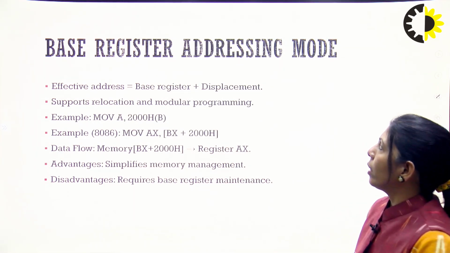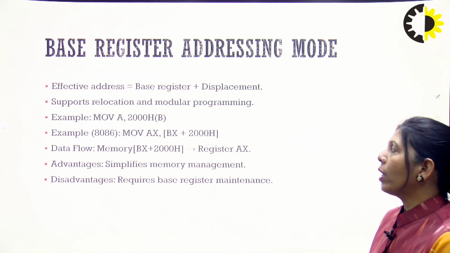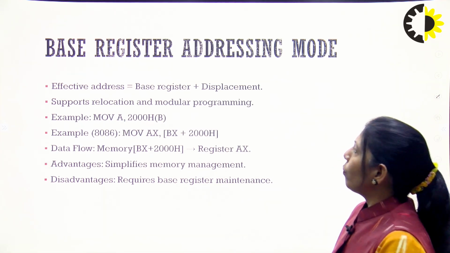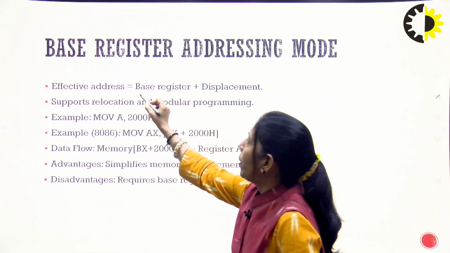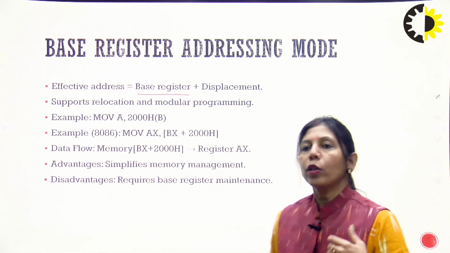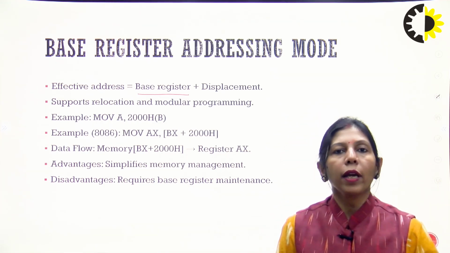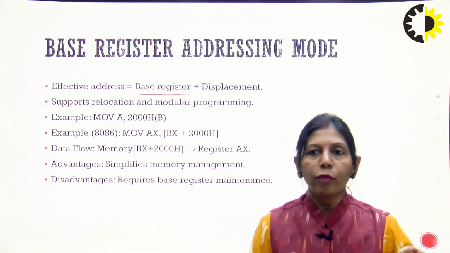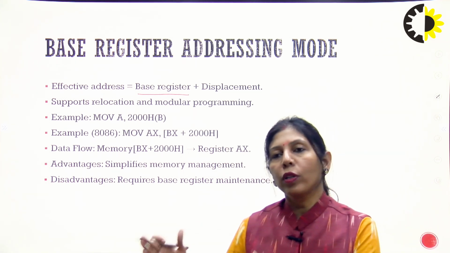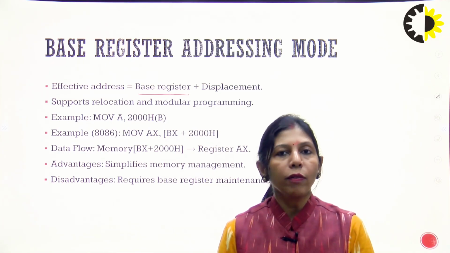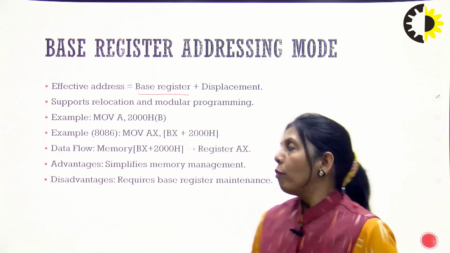Base register addressing mode is somewhat the same as the index register. Here we are given the base register, and that base register helps us in the modular programming approach, where there are multiple modules and we need to move from one module to the next, and every module has a fixed set of values.